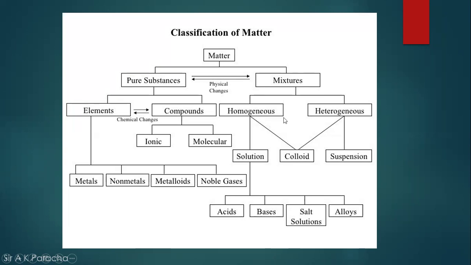There are homogeneous and heterogeneous mixtures. Homogeneous mixtures are also known as solutions. The aqueous solution of salt and water is also a mixture. So a mixture is a substance in which the matters are not combined together chemically.